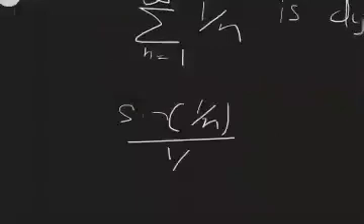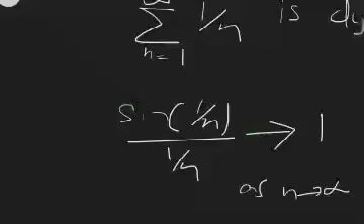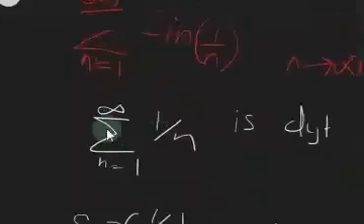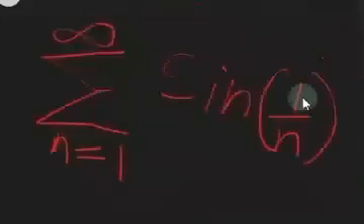The limit of this sequence goes to 1 as n goes to infinity, right? So this is a finite positive value. Therefore, because 1 over n is divergent, from the limit comparison test you can say that this infinite series is divergent, right?